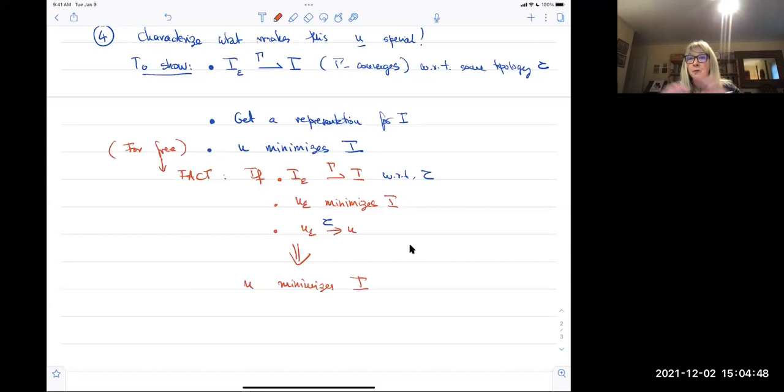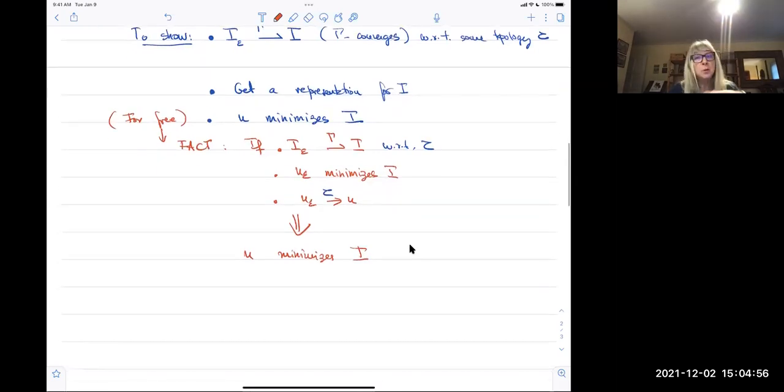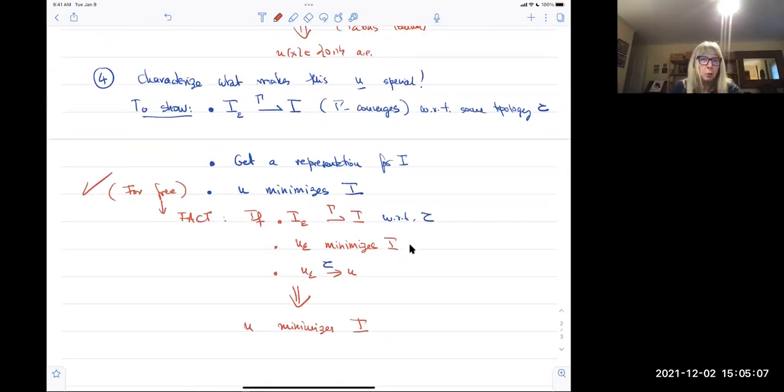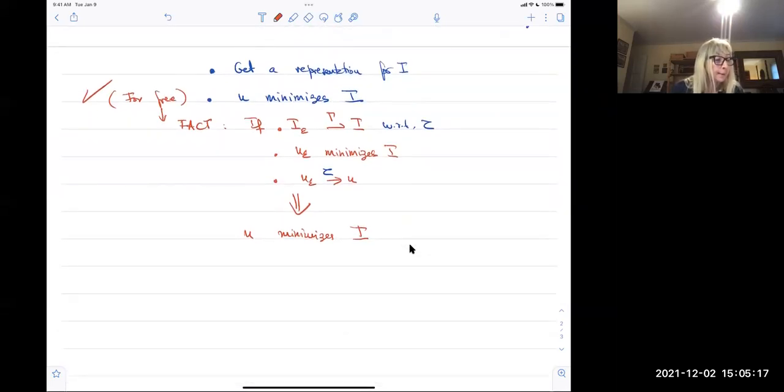This is a generic fact of the theory of gamma convergence, which goes back to De Giorgi. We'll see that. It's a simple fact. You're going to see that it's a simple calculation, but that's a generic fact. So the last bullet is done. We still have 2 bullets on point 4 to deal with. Very good.